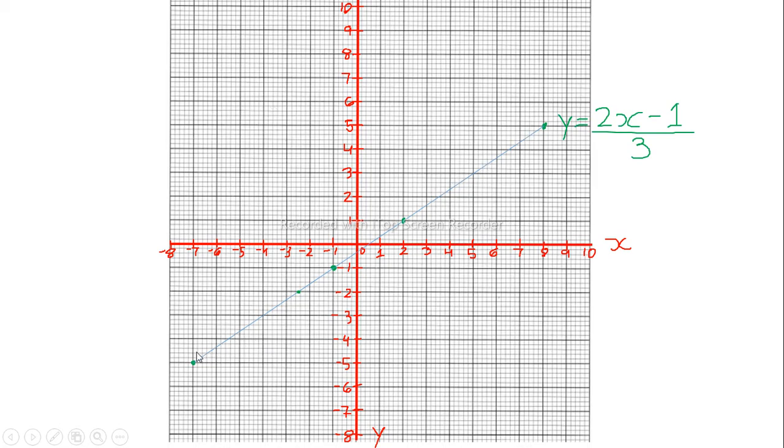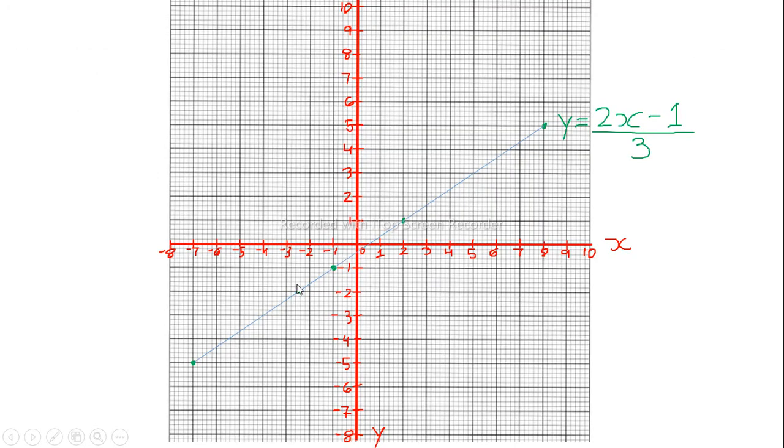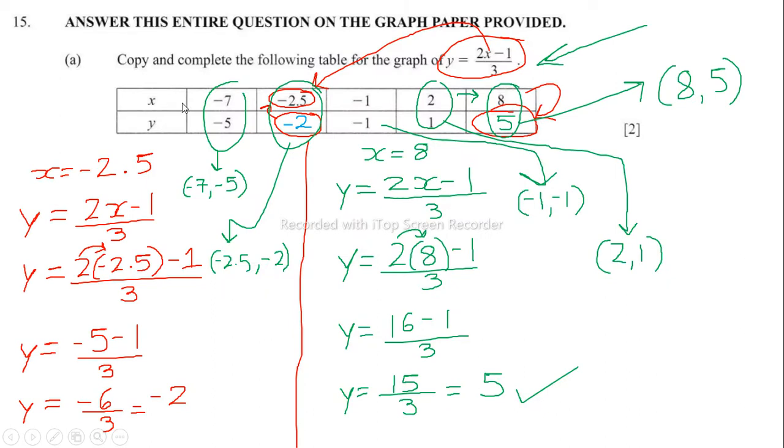In this case, it's ascending. We drew this line yesterday, and that's what the question says: draw the graph of the line y = (2x - 1)/3. That was B. So we drew this line using the points that we were given.